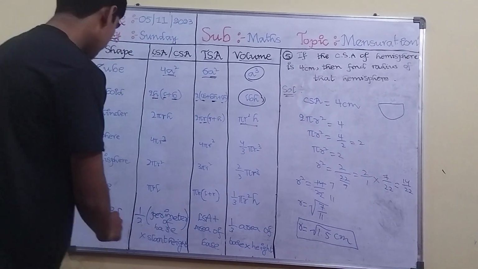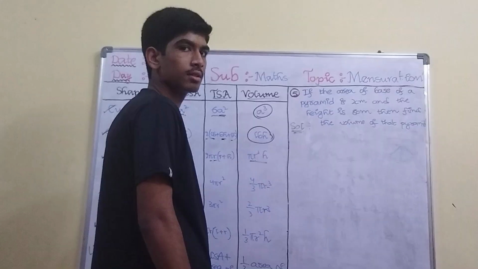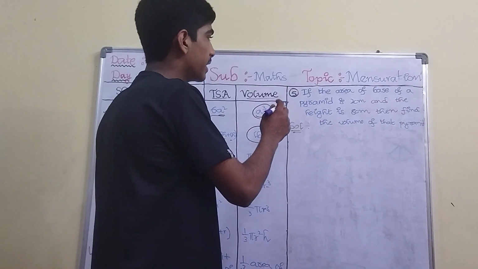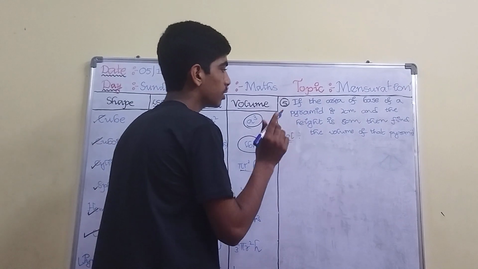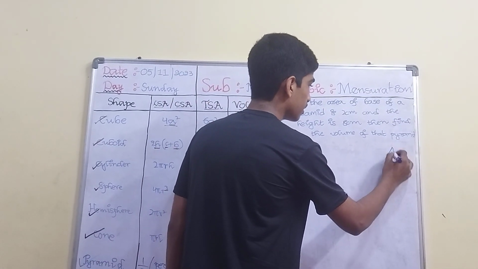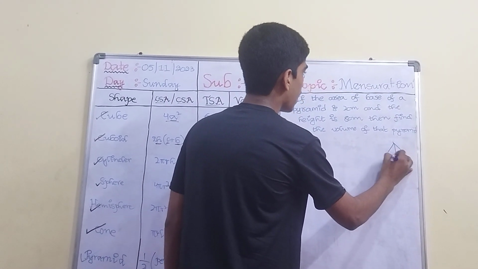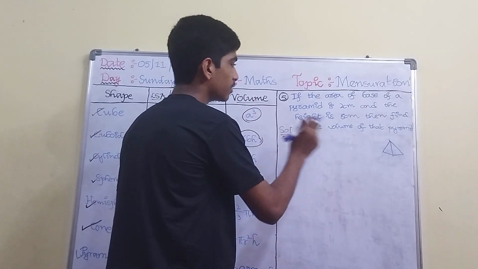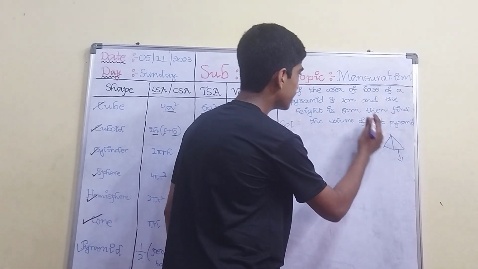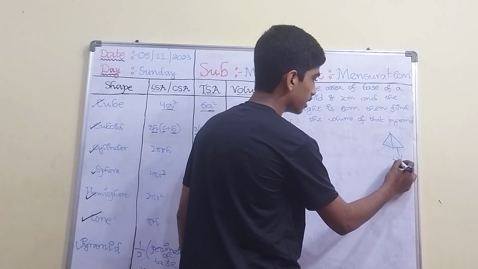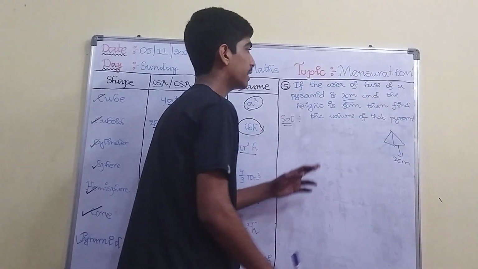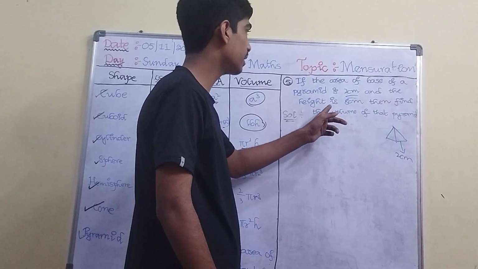Now the last one is the pyramid. If the area of the base of a pyramid is 2 cm, take a pyramid. This is the pyramid, and this is the base, and the area of the base is 2 cm. And the height is 8 cm.